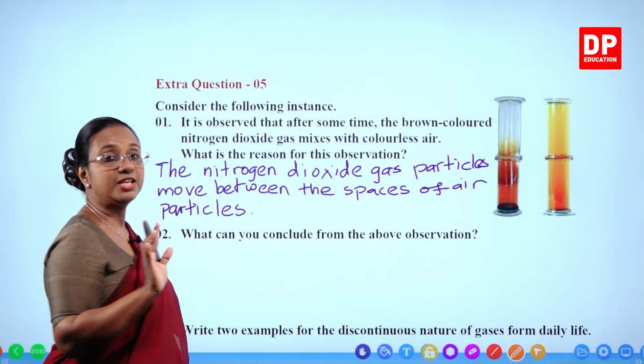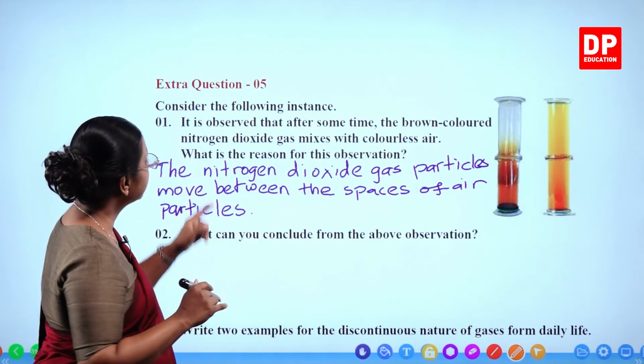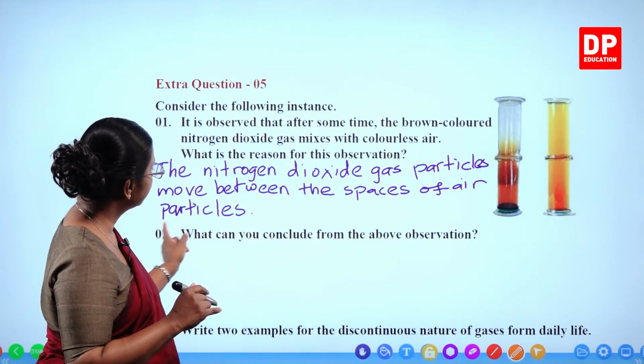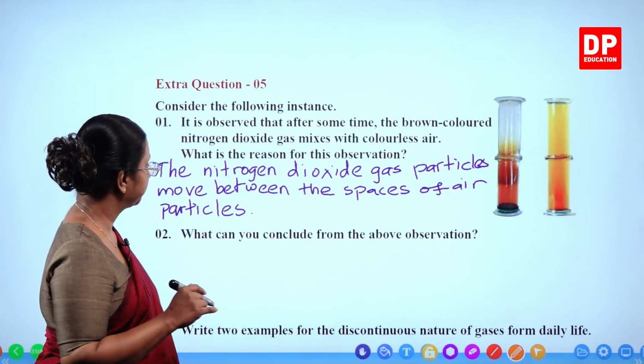I have written a very short answer here, students, with the limited space. The nitrogen dioxide gas particles move between the spaces of air particles.